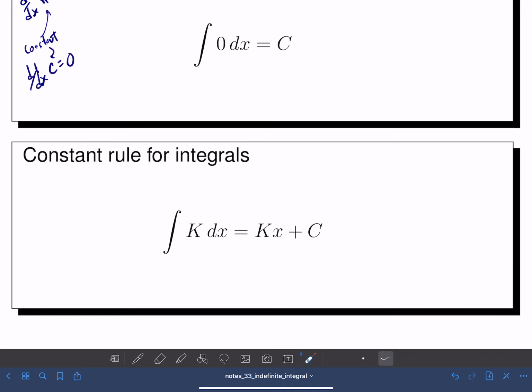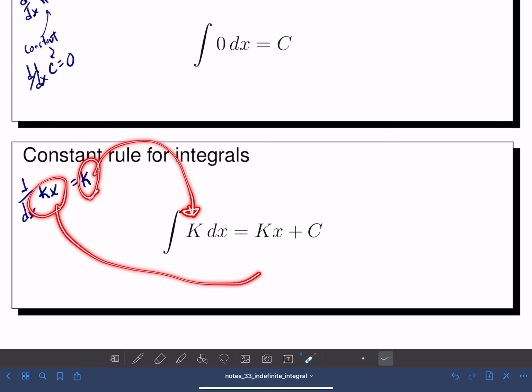I wanted to do the constant rule for integrals too. This one comes from the fact that d/dx of k times x is equal to k. Hopefully that feels really super familiar. The derivative of a linear function is the slope of the line. And so then I'm going to run it in reverse. I'm going to take the thing right there, and it's going to go inside.